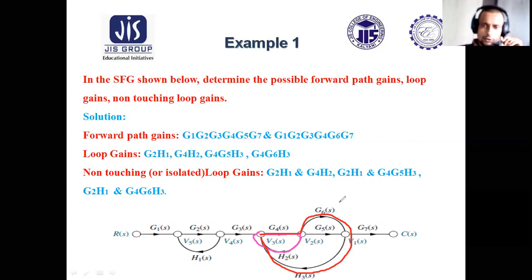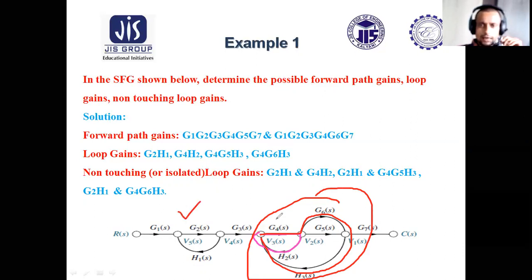So all the three loops present here touch each other. So there is no non-touching loop here. But this loop does not touch any of these three loops. So there will be pairs of non-touching loops as this with all these three, which is mentioned here.